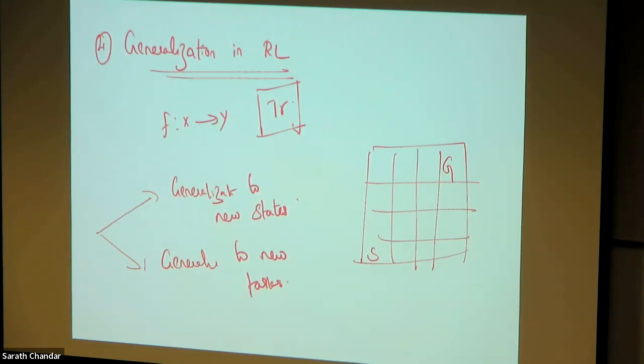You can also think about a policy. You can just reuse the policy. Okay, I think that comes under generalization to new tasks. These are probably two broad categorizations. We already talked about generalization to new states when we were talking about function approximation. So let us just talk about generalization to new tasks.